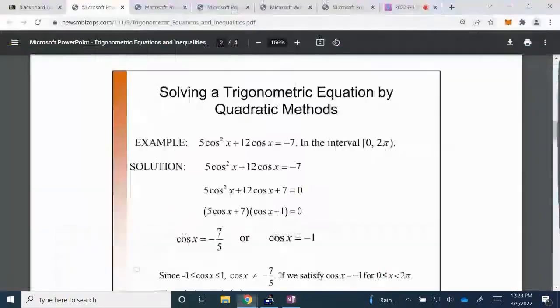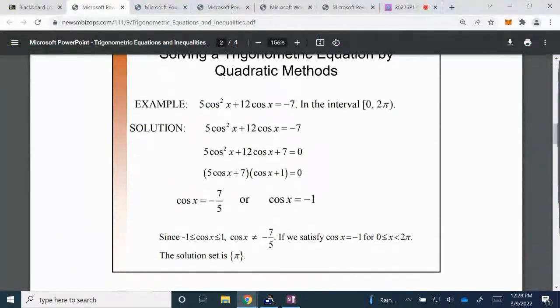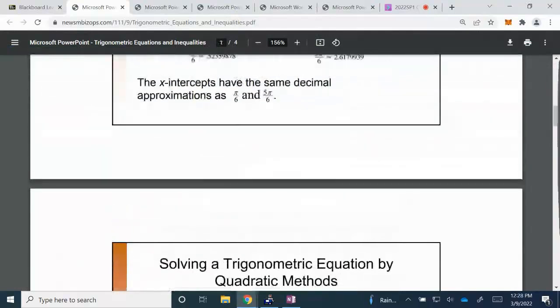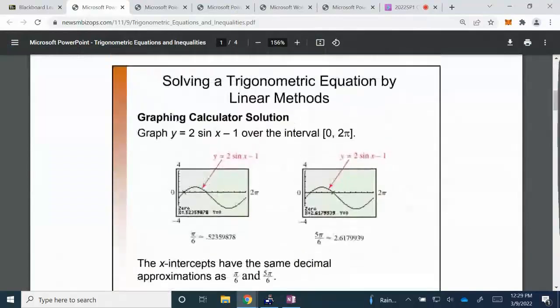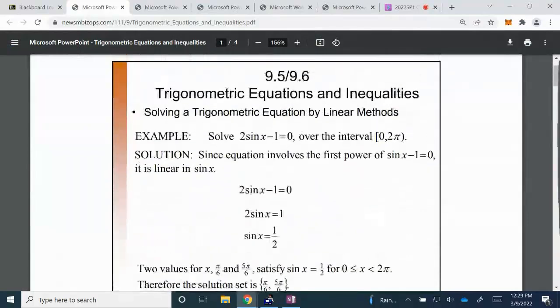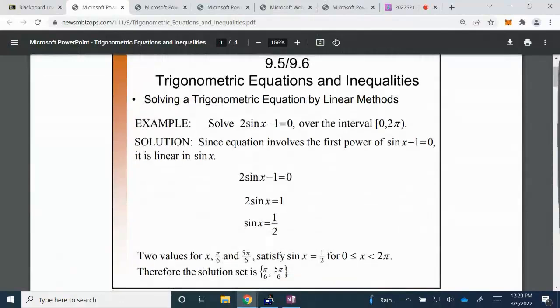All right, so now we'll take a look at, I guess, one example. All right, and it's this one. It says solve the trig equation. We have solve 2 sine x minus 1 is equal to 0 over the interval from 0 to 2 pi.